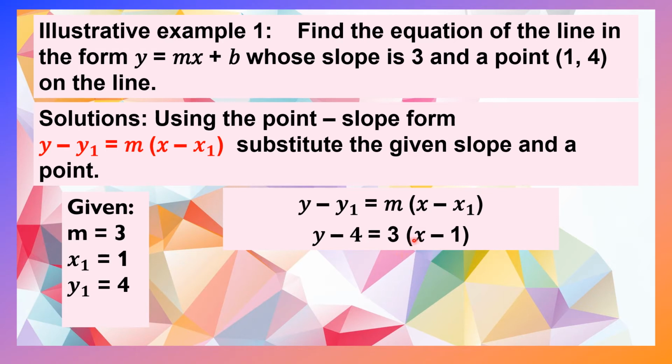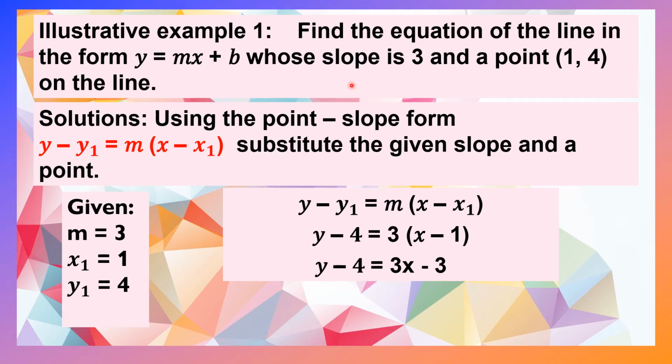Then, times the quantity x minus, at yung x sub 1 natin ay positive 1. So, simplifying this, we need to multiply 3 sa x minus 1. So, kopyahin muna natin yung y minus 4 and then equal sign. So, multiplying 3 sa x, it is 3x. 3 times negative 1 is negative 3.